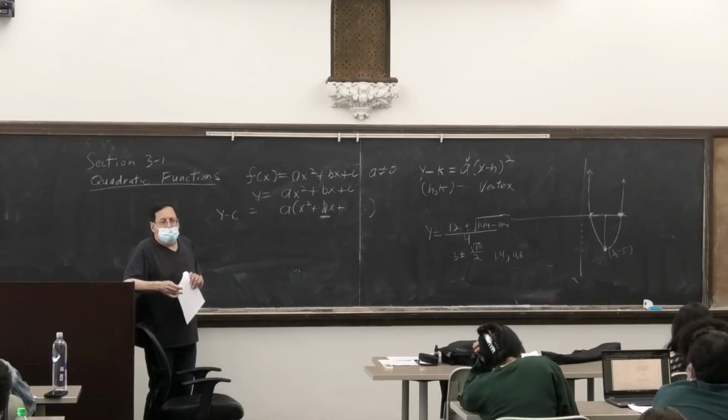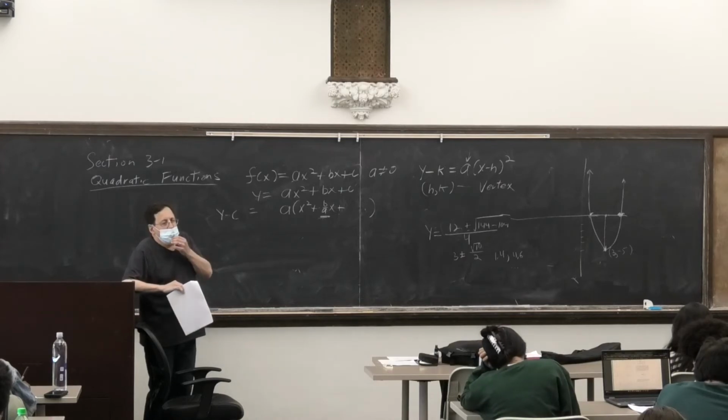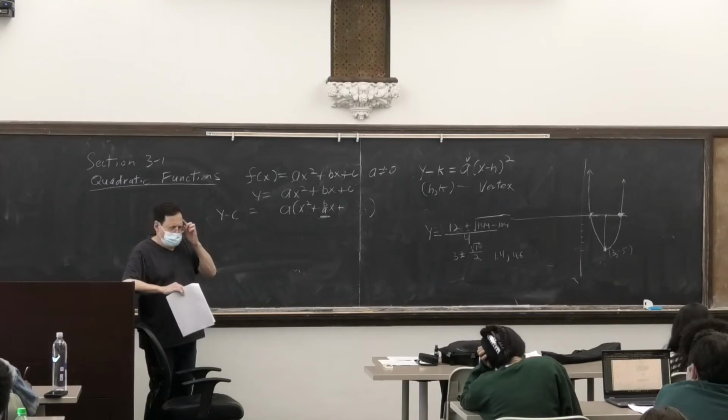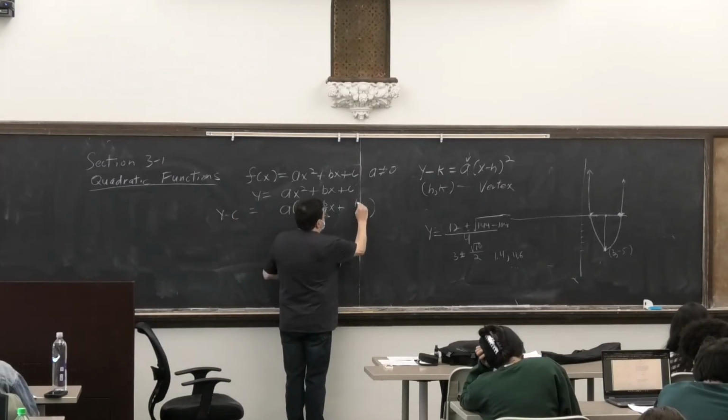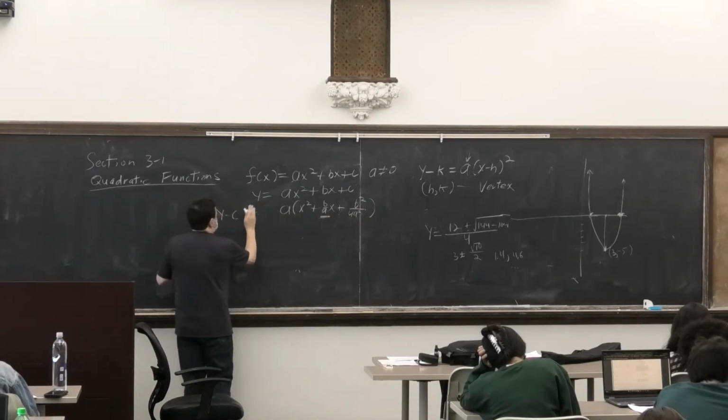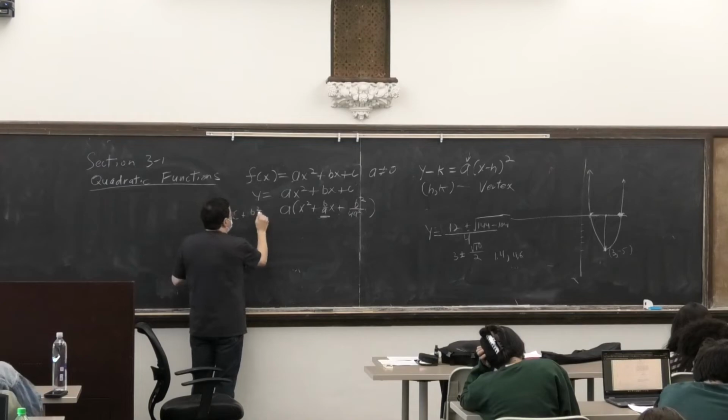Divided by 2 and square. Now, if you're sitting there going, I knew that, good, but if you're sitting there going, remember that. This is really important. Completing the square is a really important skill. We want to add b squared over 4a squared. So we have to add that to both sides.